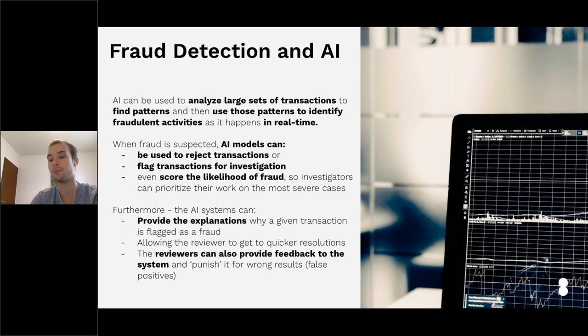For example, you can punish a model for flagging a normal transaction, or reward it for flagging a transaction that was indeed fraudulent. That's beyond the scope of the approach we discussed, but those are all possibilities, and that's what's being done in the industry.